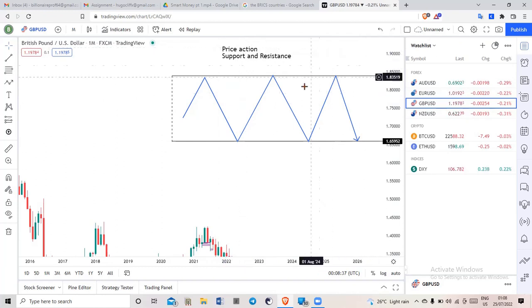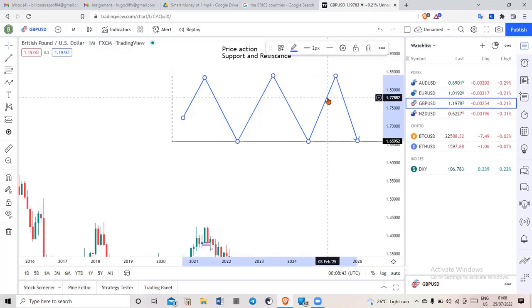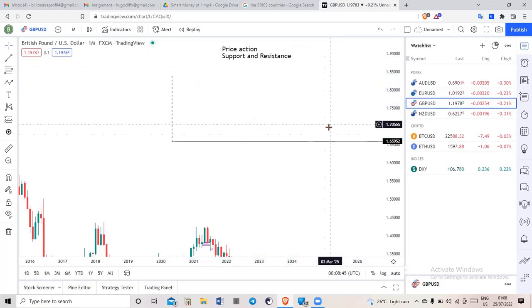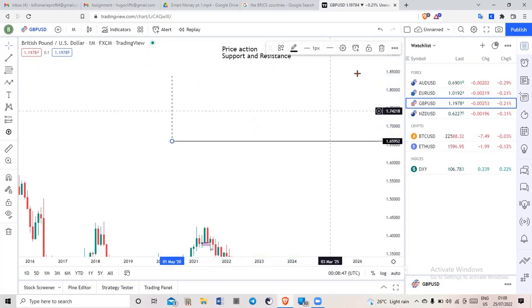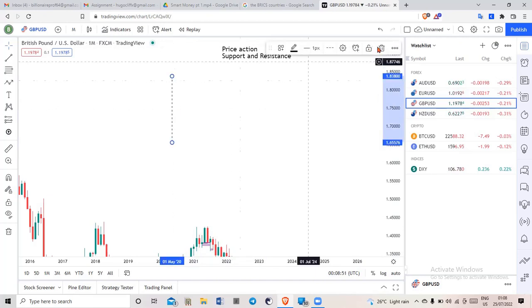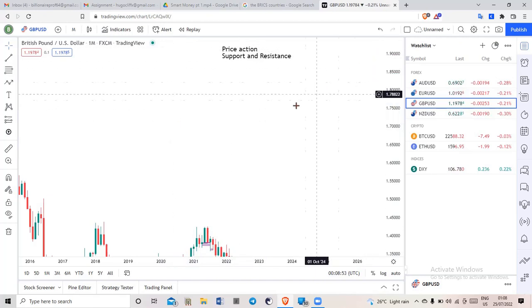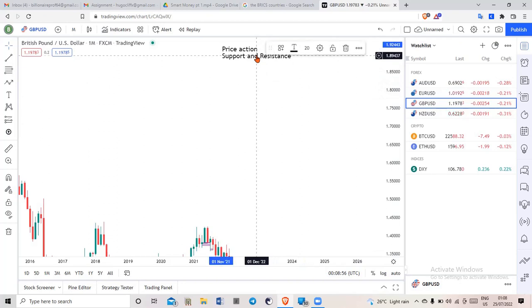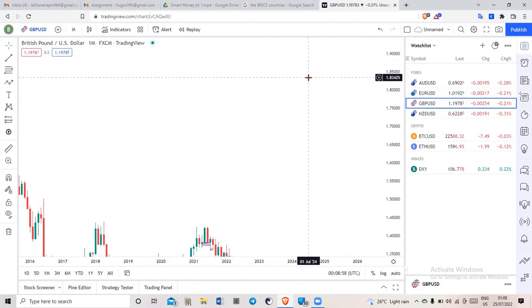I think I've been able to make you understand these concepts. When you go to the chart, it's pretty simple. All you've got to do is locate a particular area that price tested twice. We use the word tested instead of bounce. The word you would have used for a tennis ball bounce is called tested.